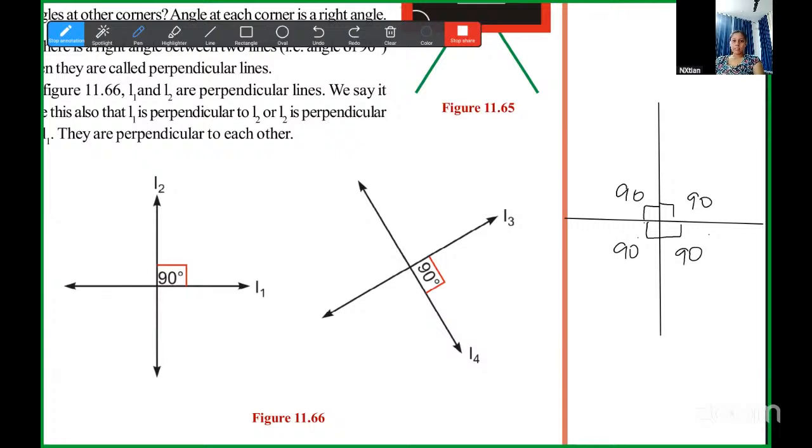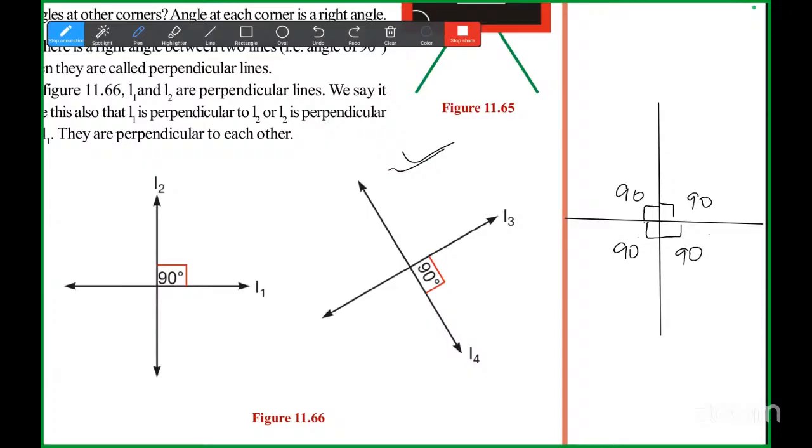Why? Because when two straight lines are there, like this and like this, it is a 90 degree angle. If it is a cross also like this, it is perpendicular. L3 and L4 we are watching, so we can say that L3 and L4 are perpendicular to each other, and that will also make 90 degree angles.